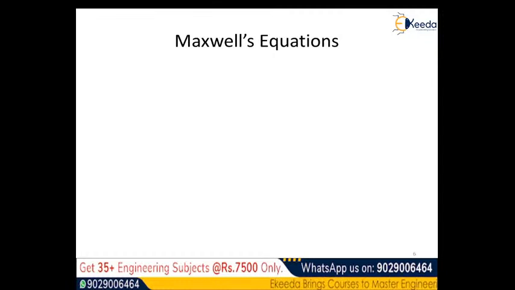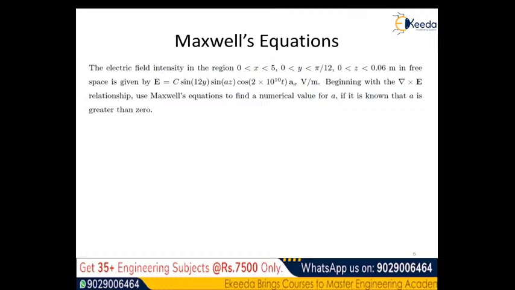So now here the second problem statement starts. The electric field intensity in the region x greater than 0 less than 5, y greater than 0 less than pi by 12, z greater than 0 less than 0.06 meter space is given by capital E equal to capital C times sine of 12y into sine of az into cosine of 2 into 10 raised to power 10 t ax, in terms of volts per meter.